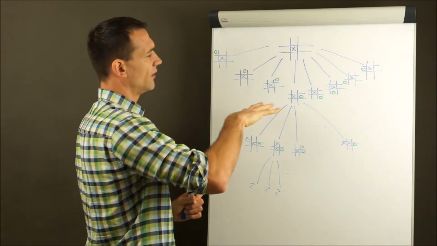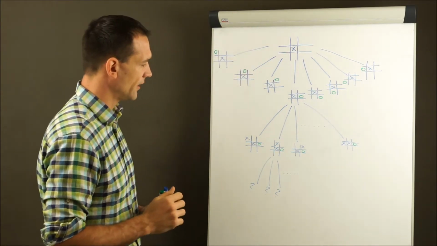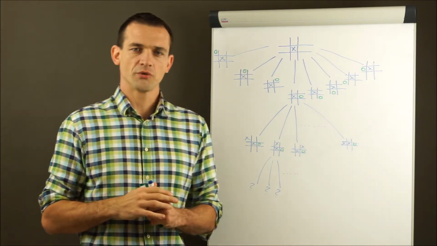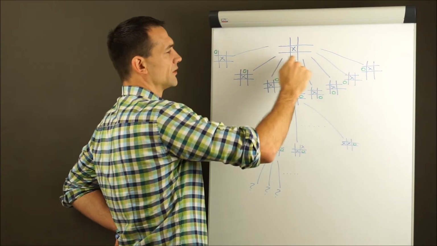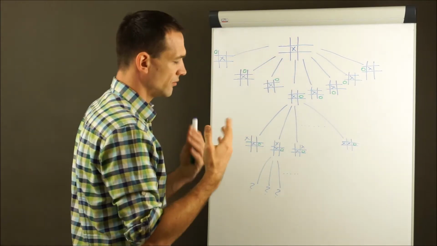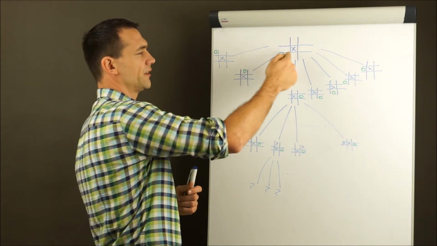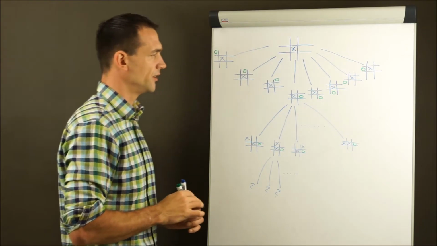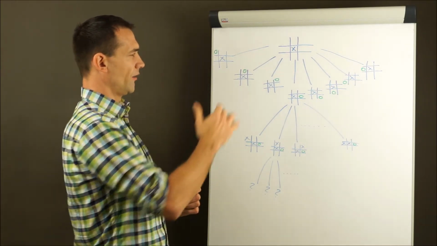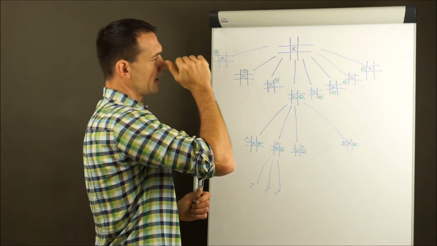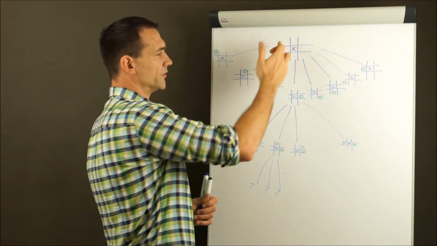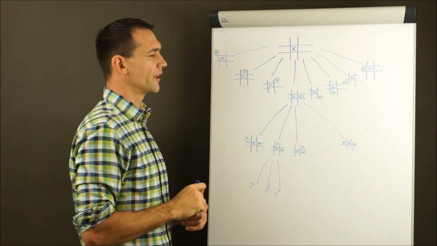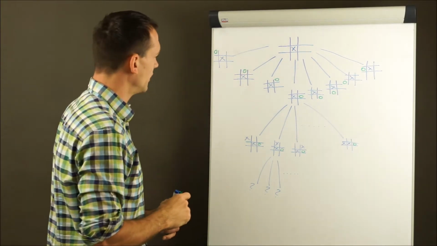Having said that, let's think about this game in terms of a game tree. Here we have some initial game state. Our opponent put a cross in the middle. From this state, we have 8 possible moves that we can make as a machine.